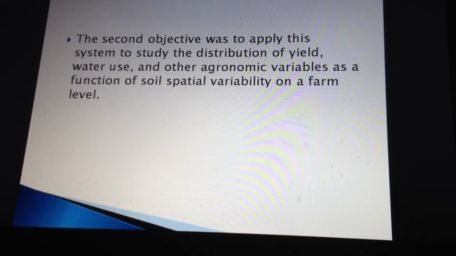The second objective was to apply this system to study the distribution of yield, water use, and other agronomic variables as a function of soil spatial variability on a farm level.